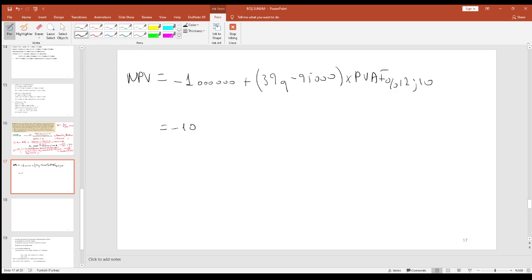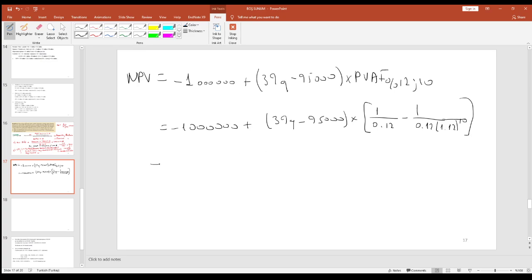Or you may also calculate this: 39Q minus $95,000 times 1 divided by 0.12 minus 1 divided by 0.12 times 1.12 to the 10. So the result of this, and in order to calculate the break-even, this should be equal to 0.